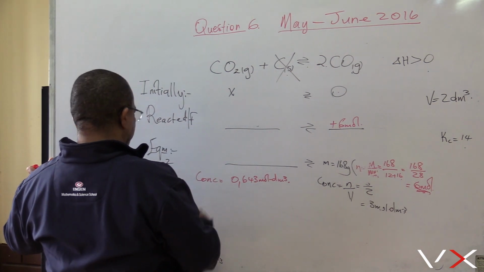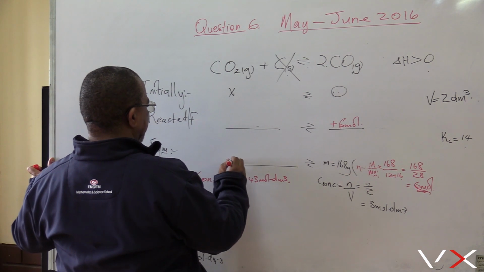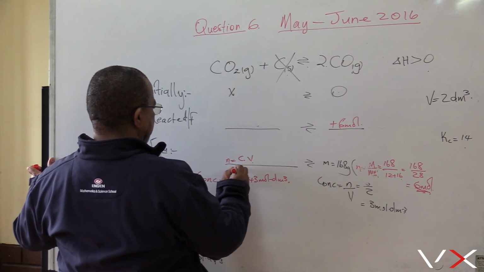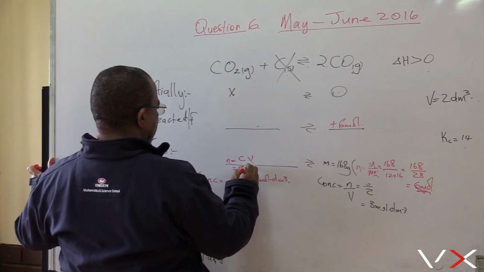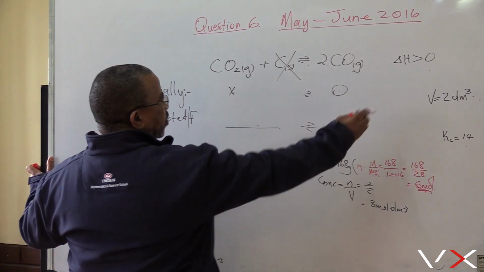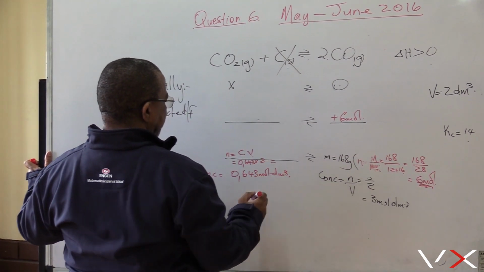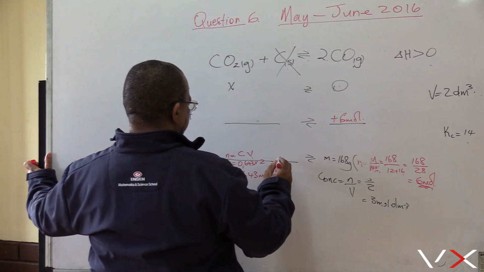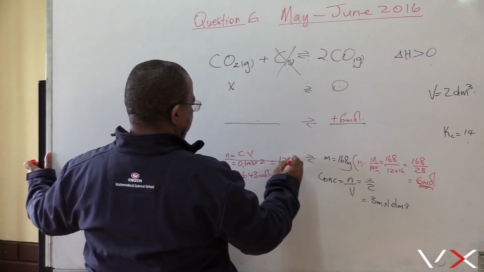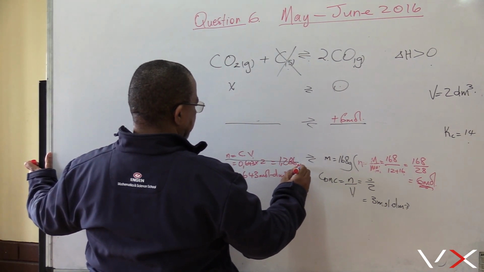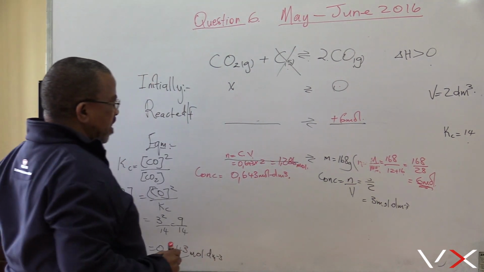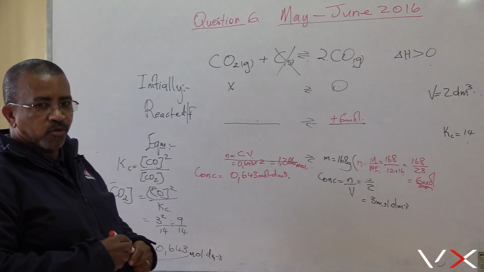Number of moles is c times V, which is how much? 0.643 times the volume, which is 2, gives us what? 1.286 moles. So we have 1.286 moles.